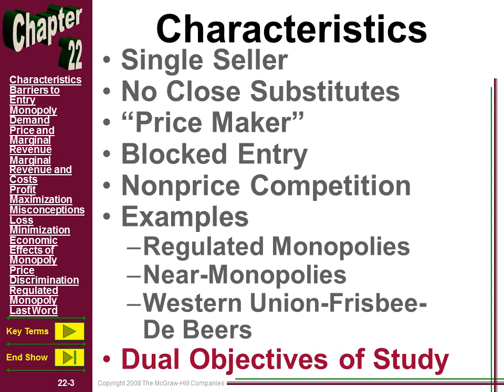The dual objects of study. First, we're going to compare and contrast the monopolist's behavior with that of a purely competitive firm. So how does the monopolist make pricing and output decisions relative to a purely competitive situation? And the second area of study stems from that.